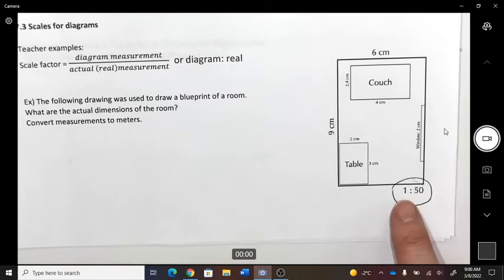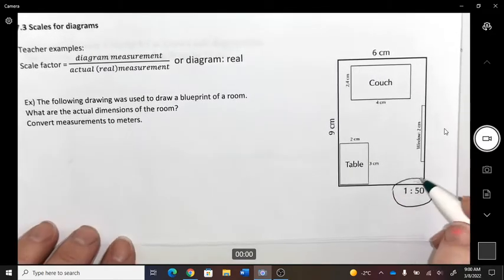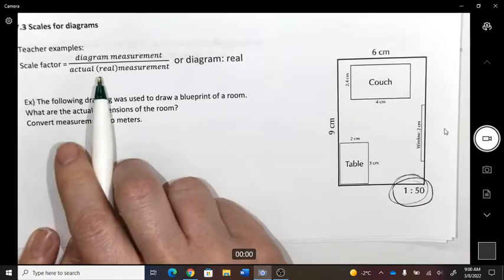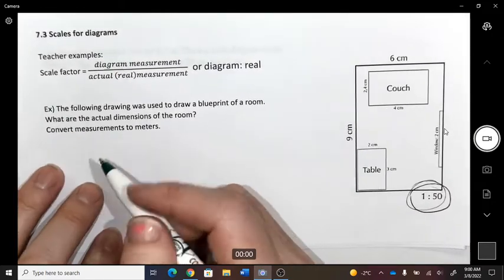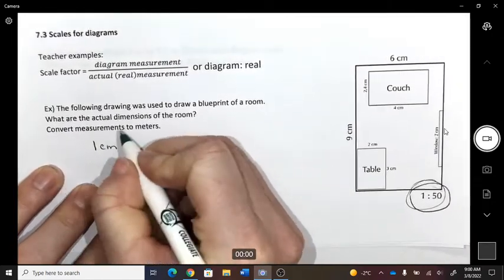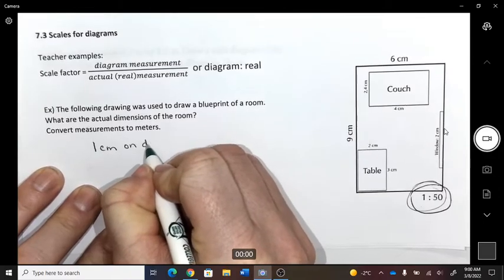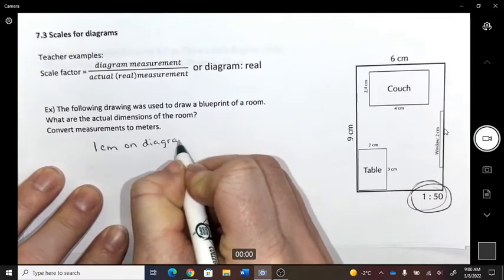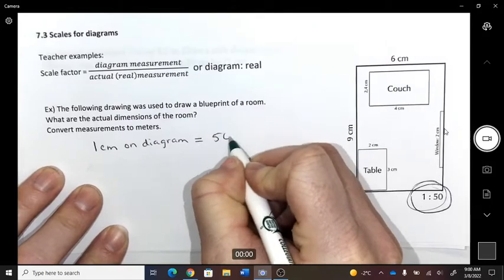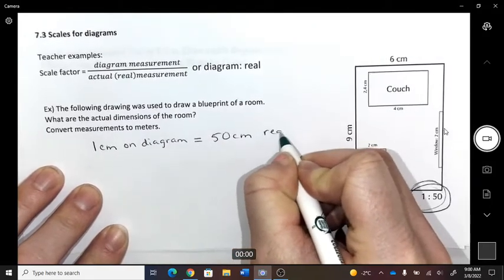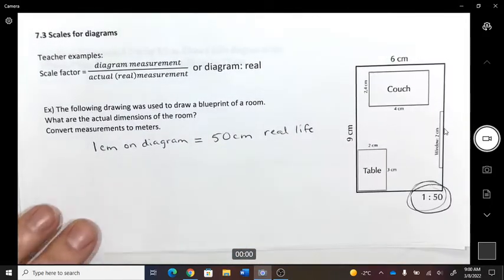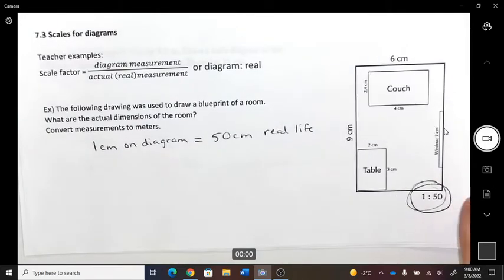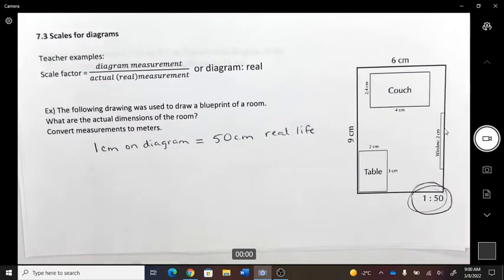Okay, thanks. 1 to 50. Okay, so what does this mean? It means that every 1 centimeter on diagram equals 50 centimeters in real life. Okay, that's what the 1 to 50 means.